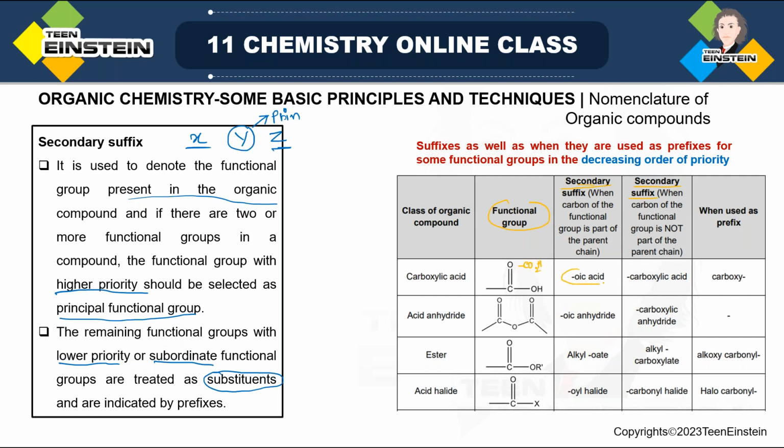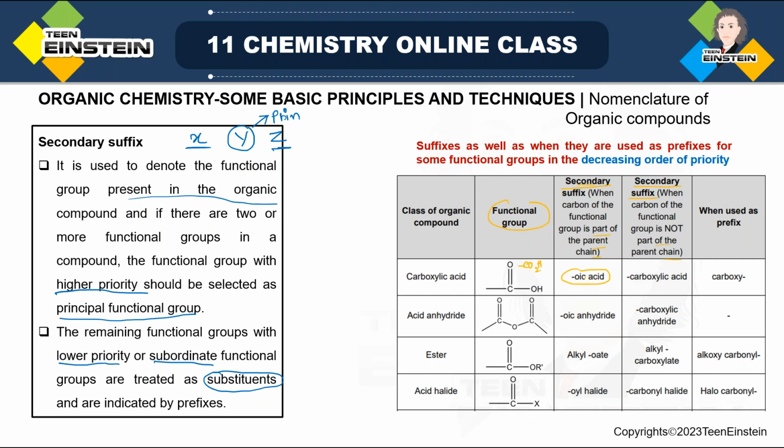This term you will use, that is oic acid, when the functional group is part of the parent chain, but that may not always be the case, especially in cyclic compounds. So when the carbon of the functional group is not part of the parent chain, I am not saying that this is a lower priority group. It is still the high priority group, but it is not part of the parent chain.